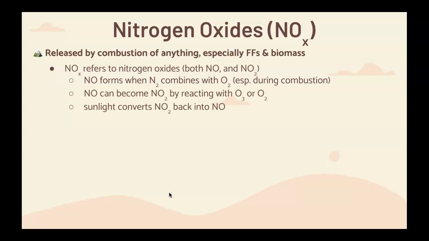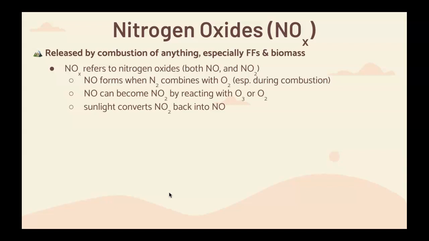NO forms when we have nitrogen gas in the atmosphere and that combines with oxygen. So this is particularly prevalent during combustion. NO can turn into NO2 if it reacts with ozone or just oxygen in the atmosphere.